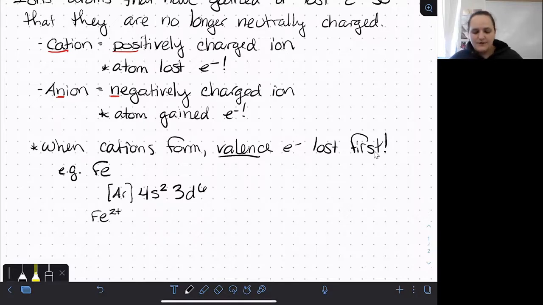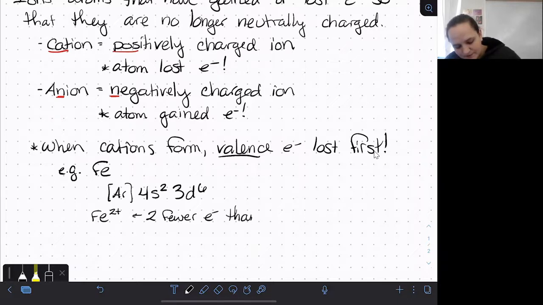the configuration for iron 2+, a positive 2 charge means it's going to have 2 fewer electrons than a neutrally charged atom of iron. So we need to remove 2 electrons from this electron configuration. The automatic habit is to want to remove them from the end, but we need to make sure we're removing valence electrons.